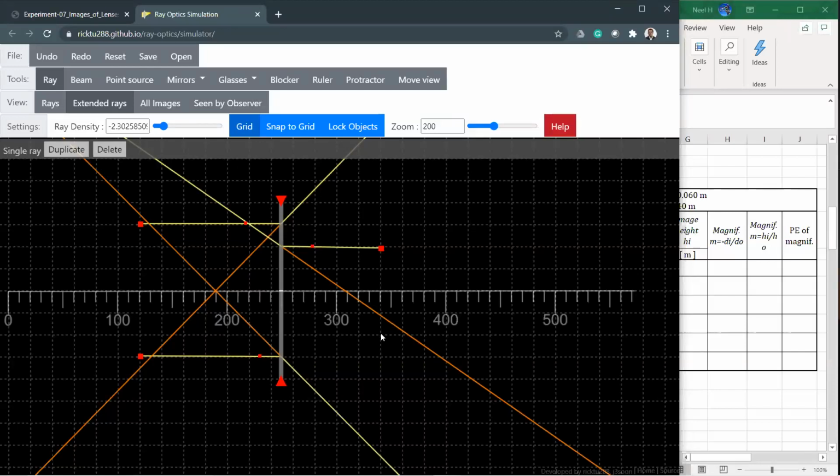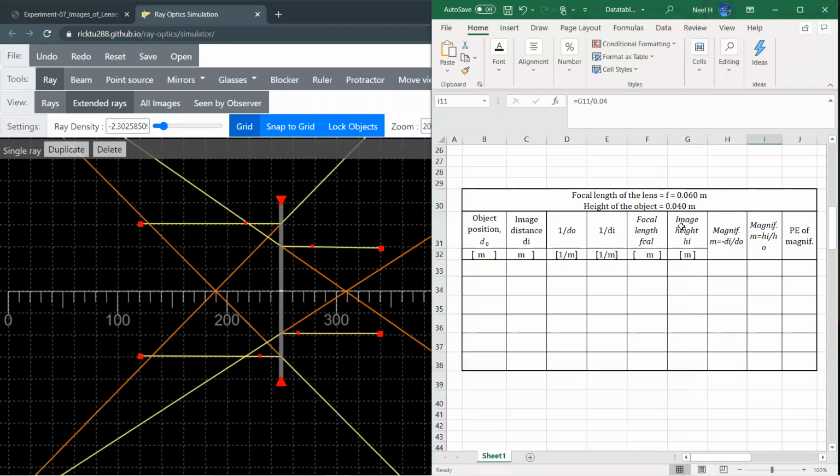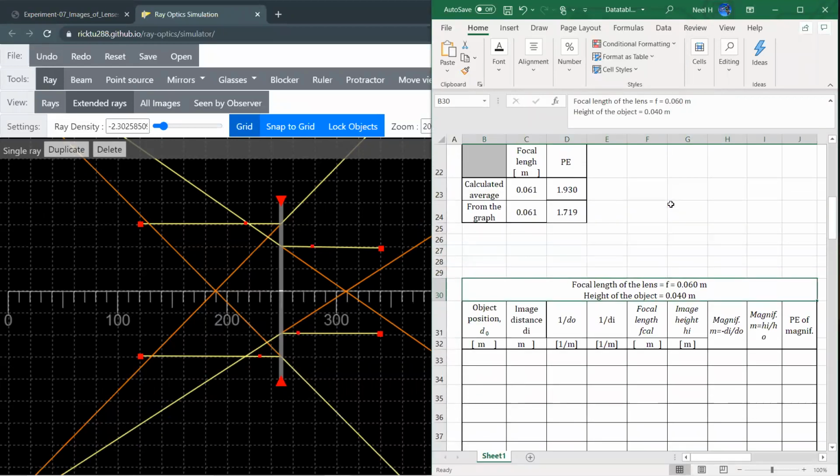So now the focal point on the other side is 6 centimeters away from the lens, right? Let's take the print screen, just to confirm the focal point. The focal point for this particular lens is about minus 0.06.